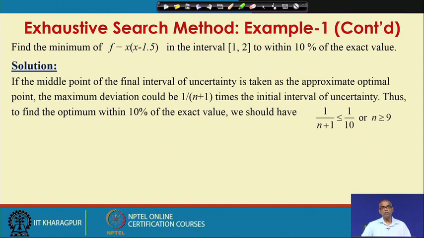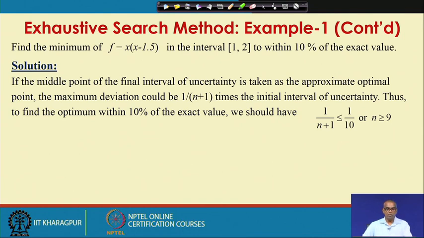Since the exhaustive search method and all bracketing methods for that purpose will always bracket the optimum between an upper limit and a lower limit, the best estimate of the minimum or the optimum will be the midpoint of this interval of uncertainty.